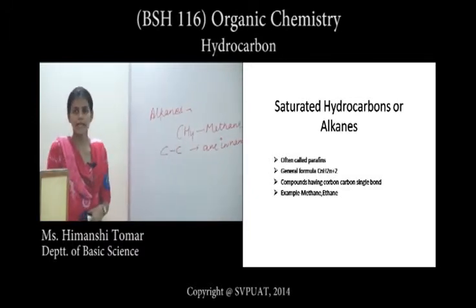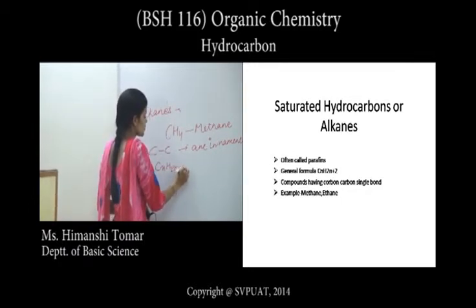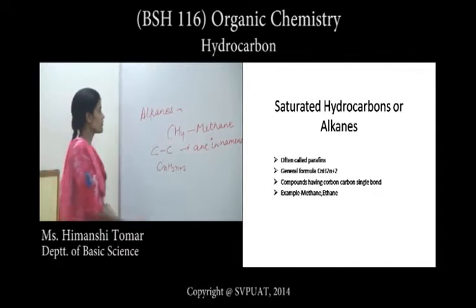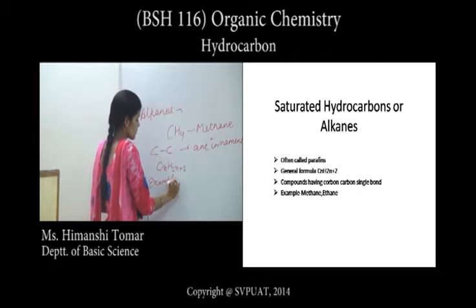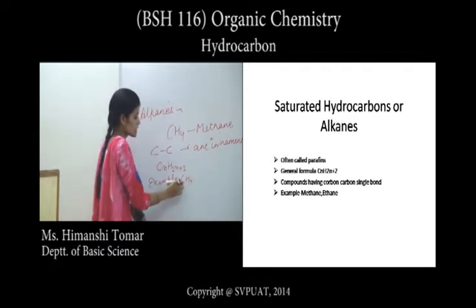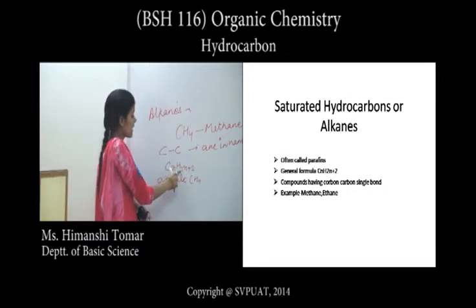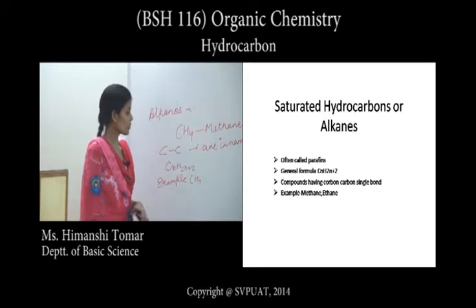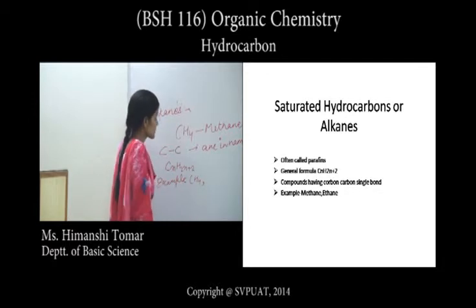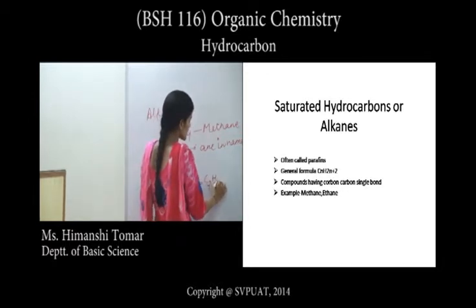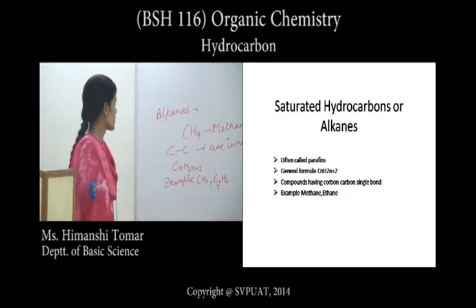The general formula of the alkanes is CnH2n+2. For example, CH4: one carbon, and 2 into 1 plus 2 equals 4, so CH4 is an alkane. Second is C2H6, with two carbons and six hydrogens.